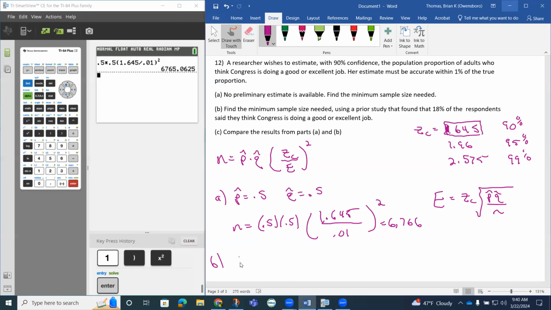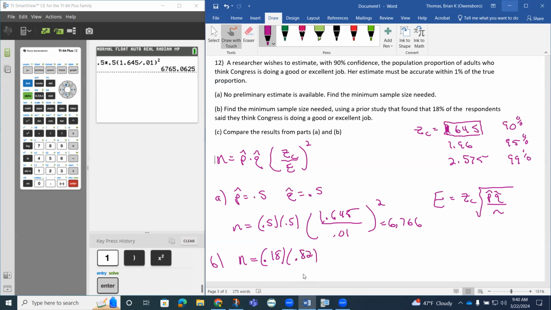So n equals then, so notice how this is what the outcome was, this 18%. So that was our successes, if you will. But remember, we also have to have q hat. So the flip side of that, so remember that's like 18%. And the flip side of 18% would be like 82% or 0.82.